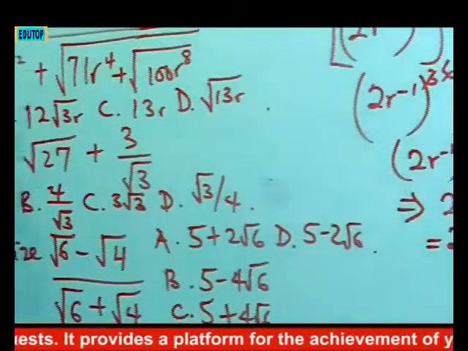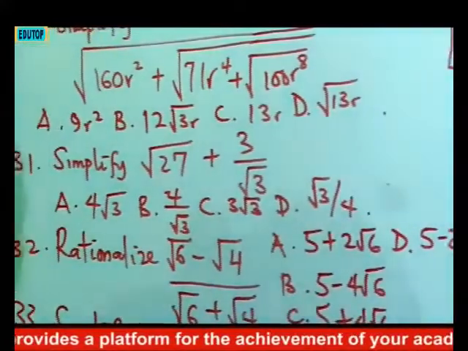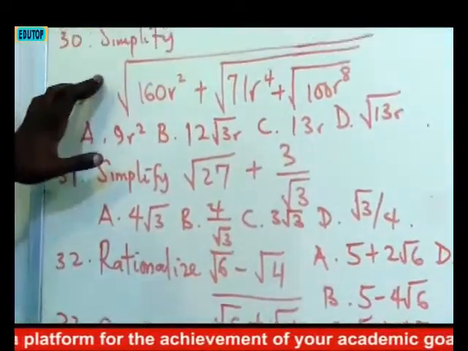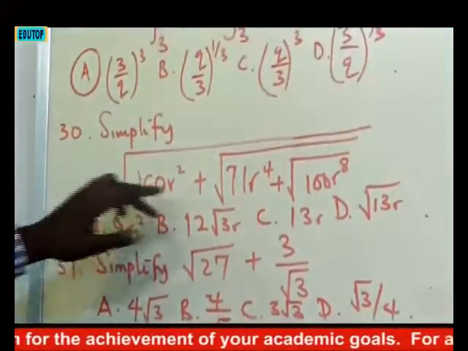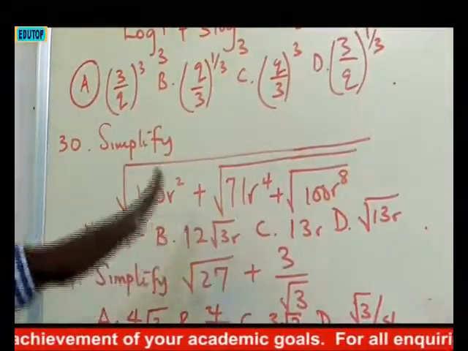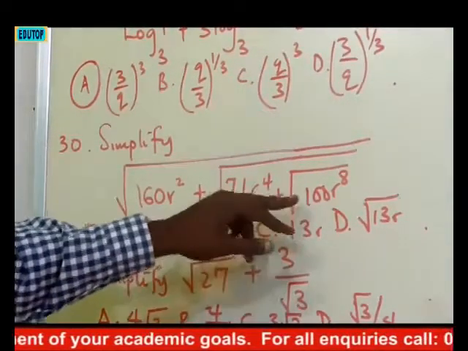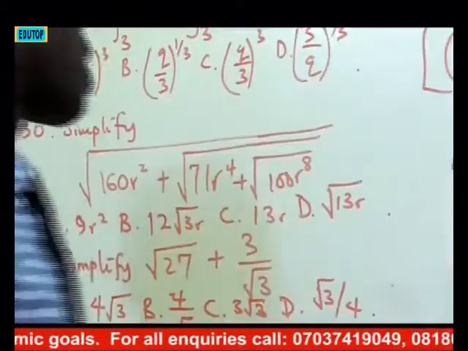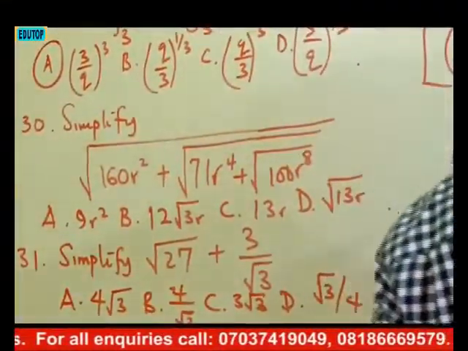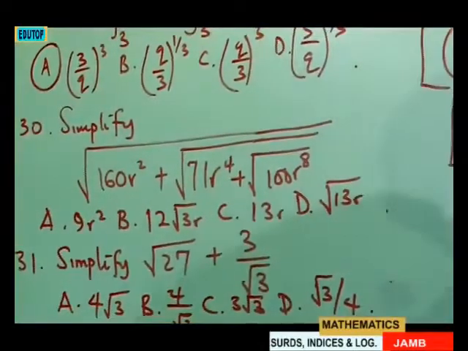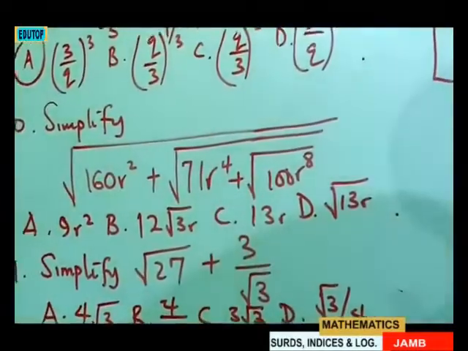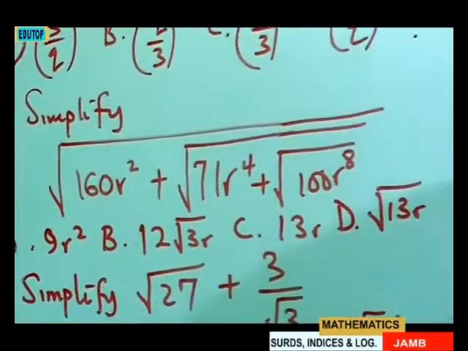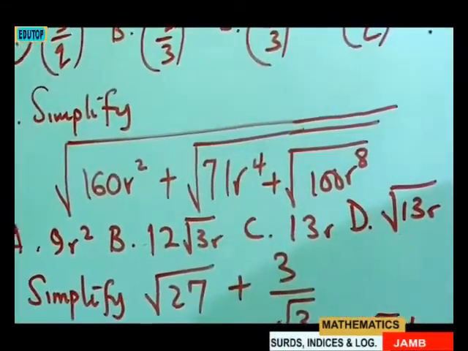Then the next question is this one. Look at this question closely. You will discover that you have roots. That means you are meant to take them in accordance: solve this first, move to this, then this last. So that is the concept here. I have a longer square root, and you have 160 embedded there plus 150 r squared.